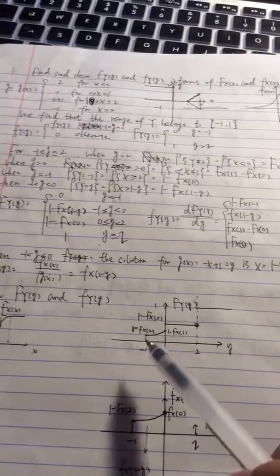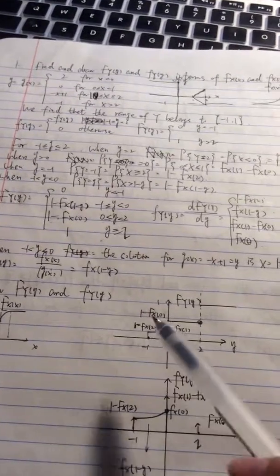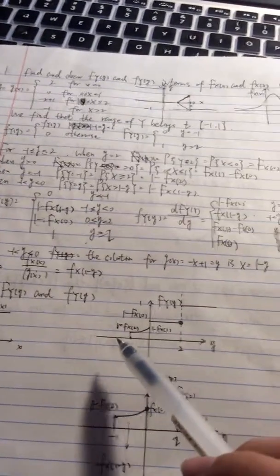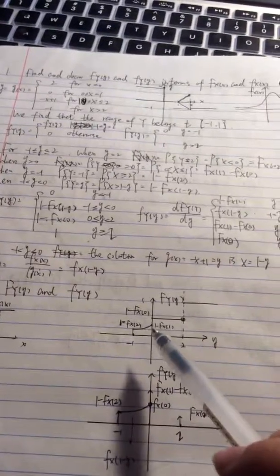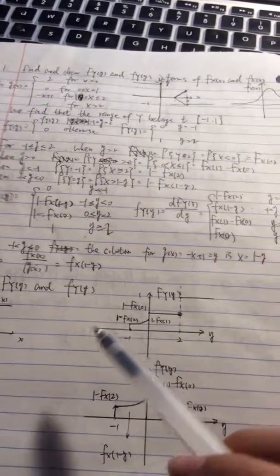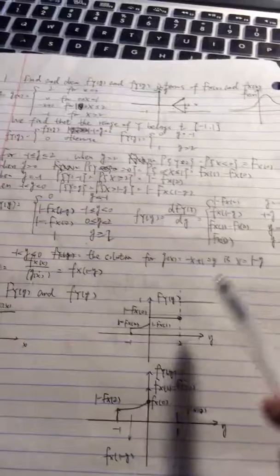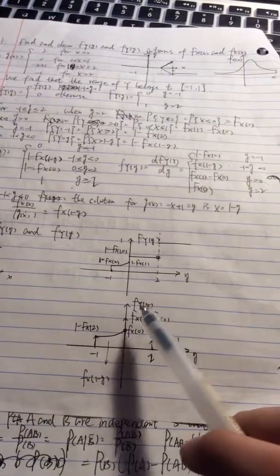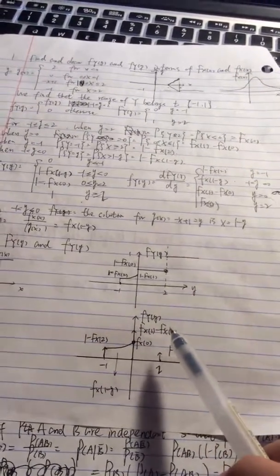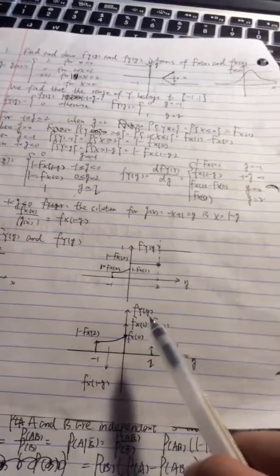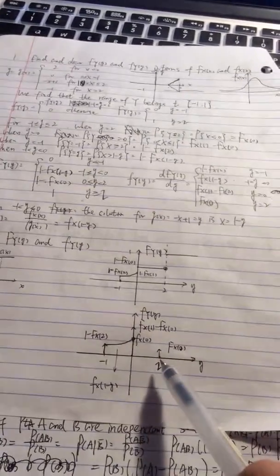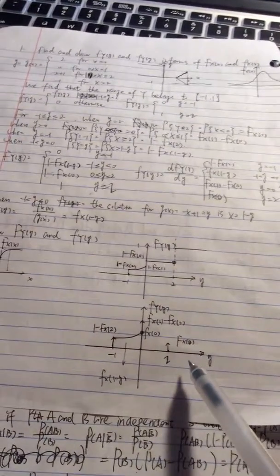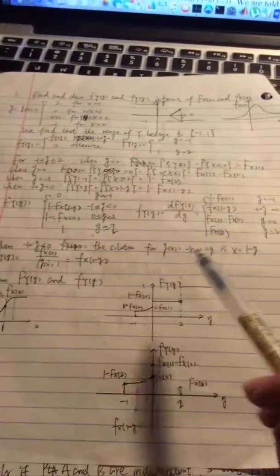But when y equals minus 1, there is a step at this point, and when y is greater than minus 1 and less than or equal to 0, it's just a continuous curve. So here is the graph of the PDF of the random variable y. There are 3 step functions, at y equals minus 1, y equals 0, and y equals 2. So that's the solution of question 1.